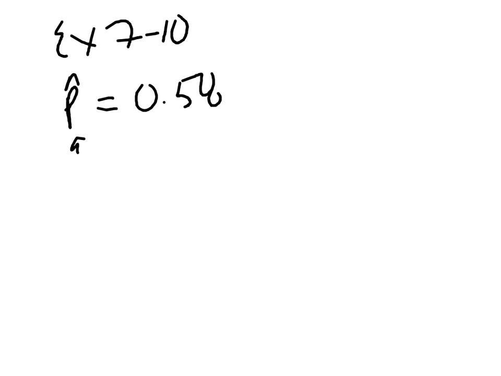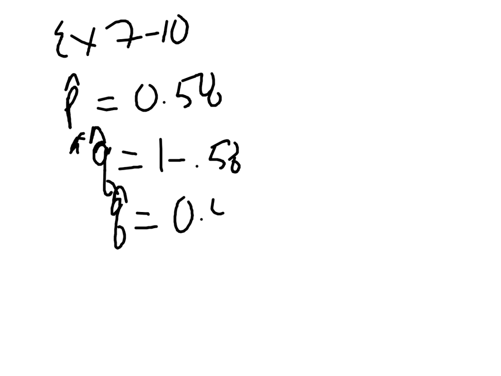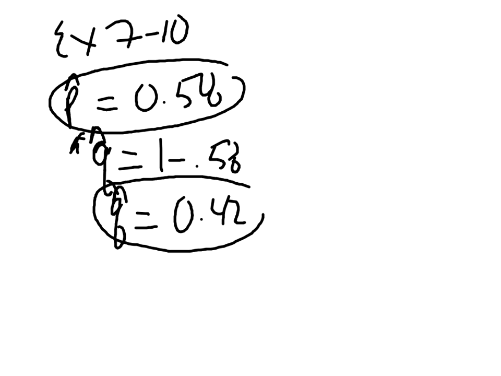So q hat, of course, would be 1 minus 0.58, or q hat equals 0.42. Remember, they're complements of each other. And we've got a rather large sample size.